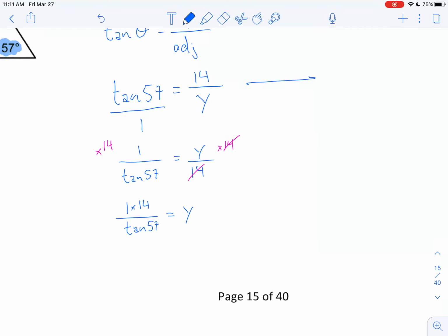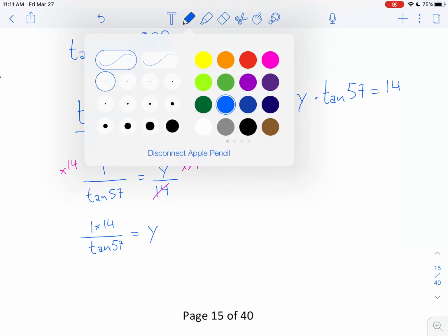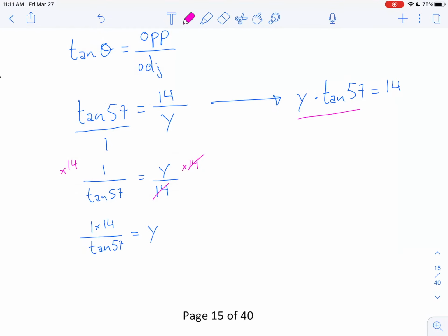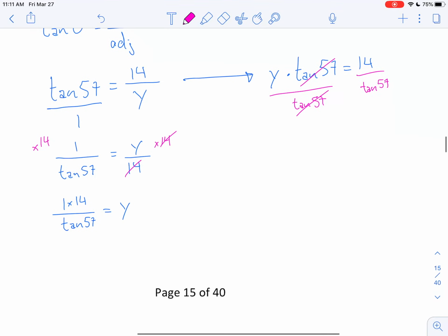Another way to think about solving this equation as well: y is on the denominator, so I'm going to multiply both sides by y. So I'm going to have y times tan 57 is equal to 14. Then I want to isolate for y, so I'm going to divide both sides by tan 57. If I divide this side by tan 57, whatever that number happens to be, those divide to 1, but if I divide one side by tan 57, I have to divide the other side of the equation by tan 57.